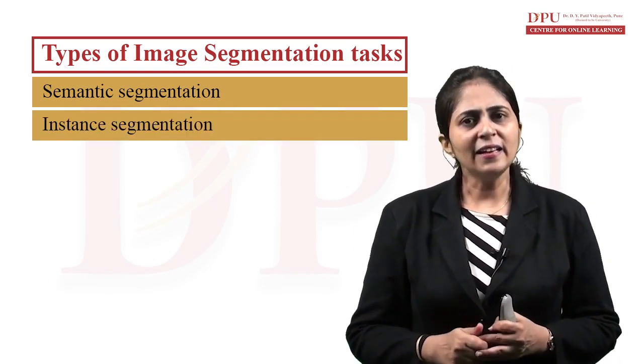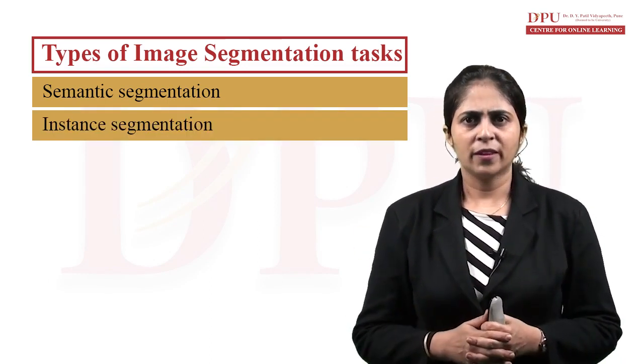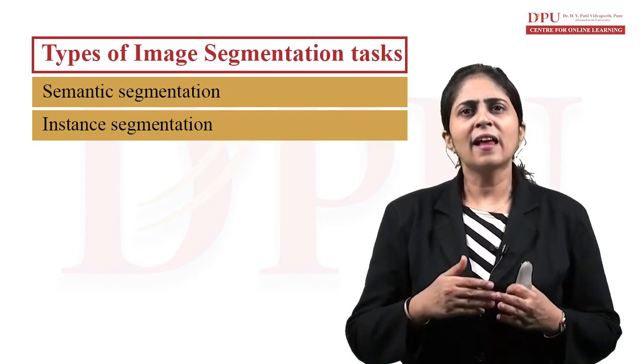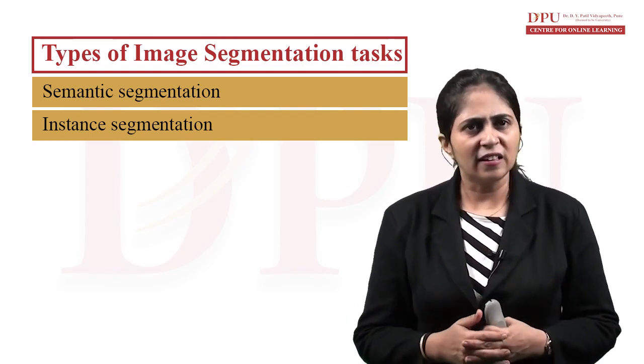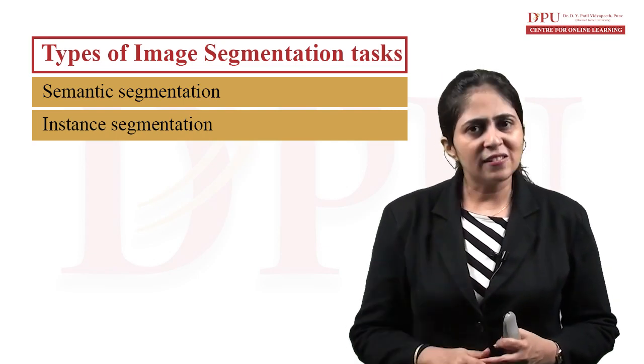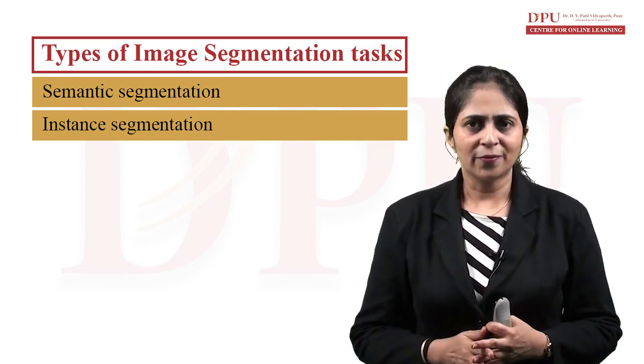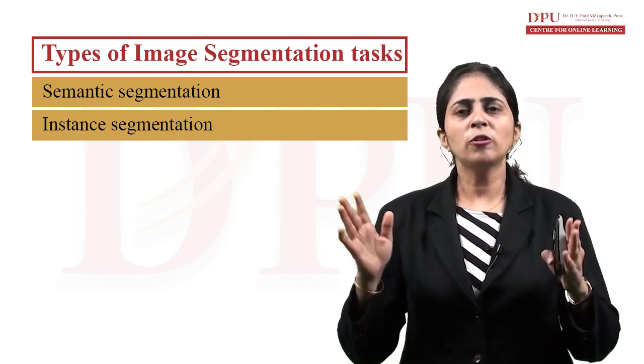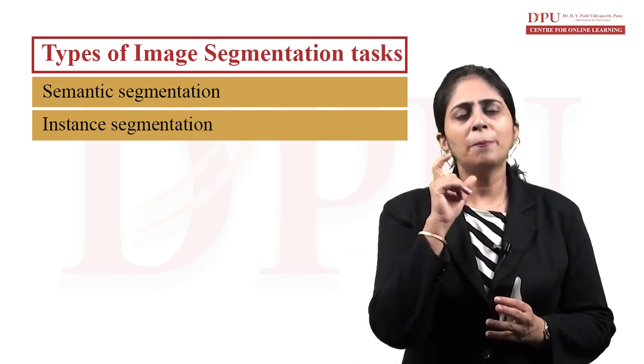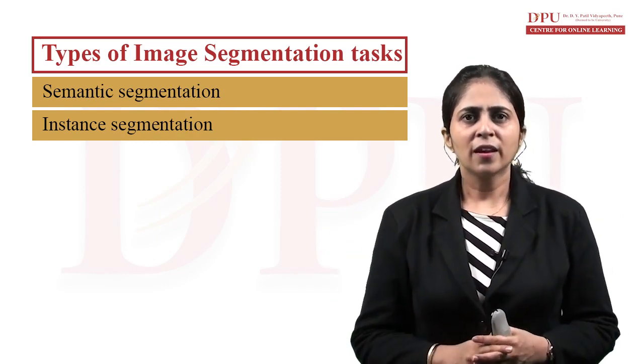Second is instance segmentation. This model classifies the pixels into categories on the basis of instances rather than classes. It will not talk about the whole class, it will talk about the particular instance of it.